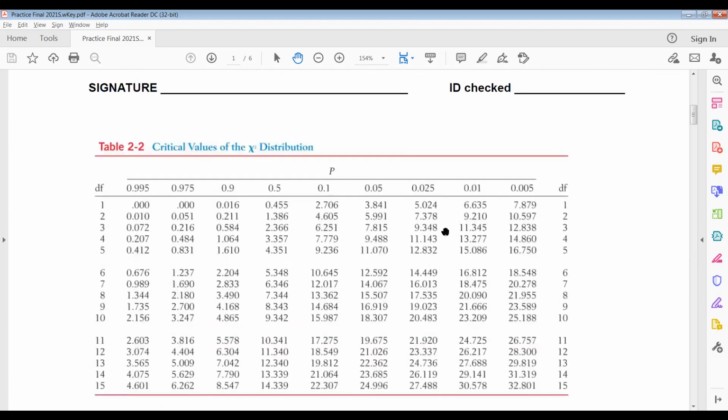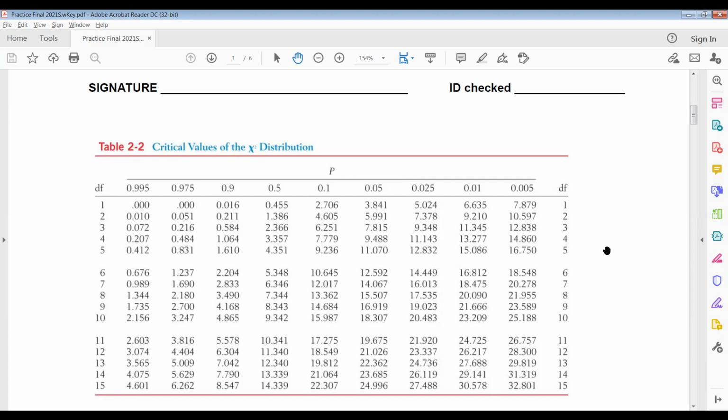I'm going to put the chi-square table there, because the final exam will be cumulative. Which means you're going to use some knowledge and principles learned from the beginning of the class. For example, how do we use the chi-square statistic to test the second Mendelian law?